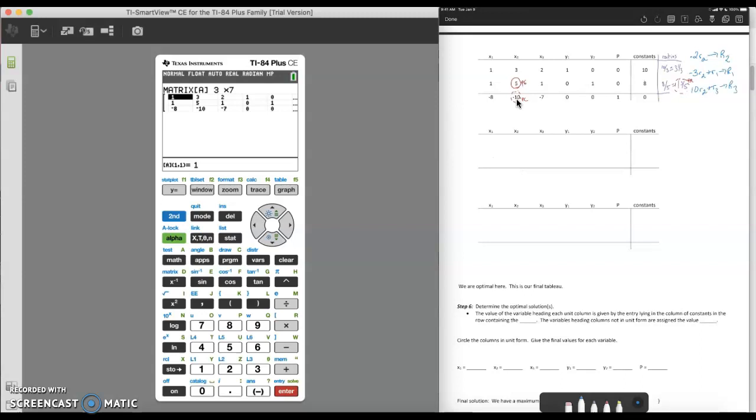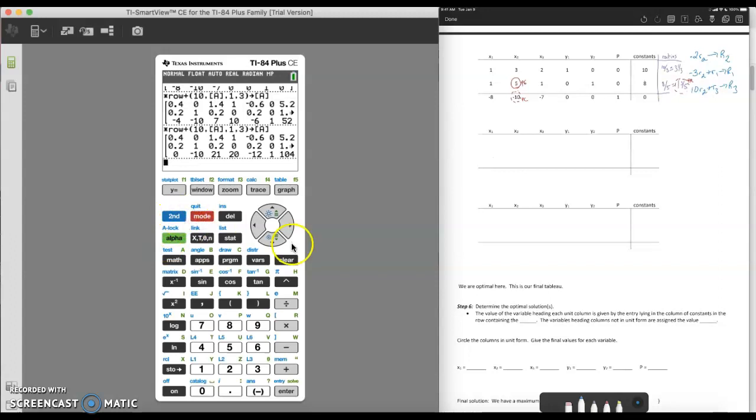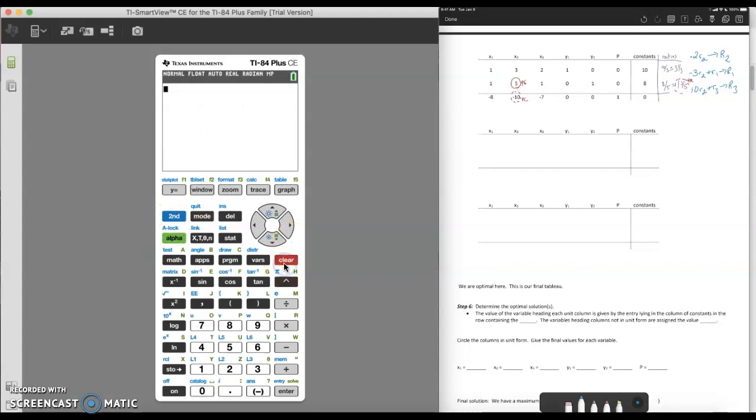Okay, so now I'm going to do a second quit to get myself back out here, and I had done some earlier stuff, clear that all out. Okay, so we're going to go second matrix, and this time we're doing math. We want to do first just a times row. We're multiplying by 0.2.